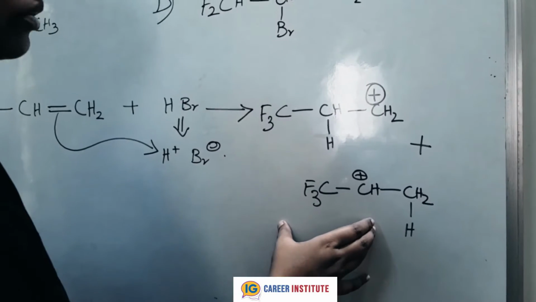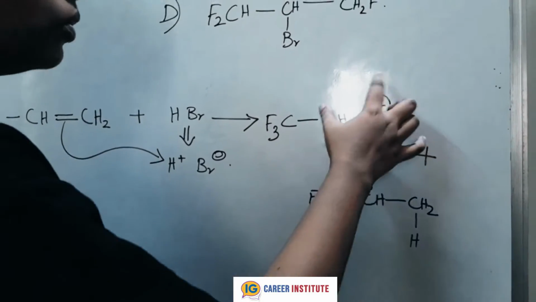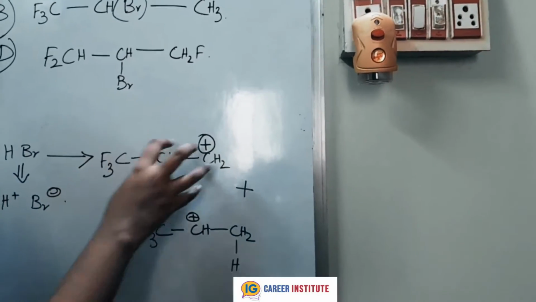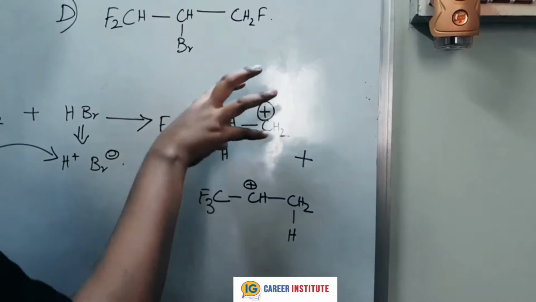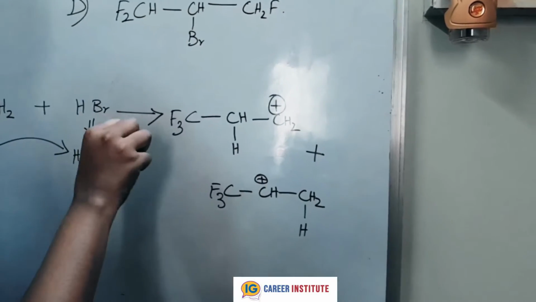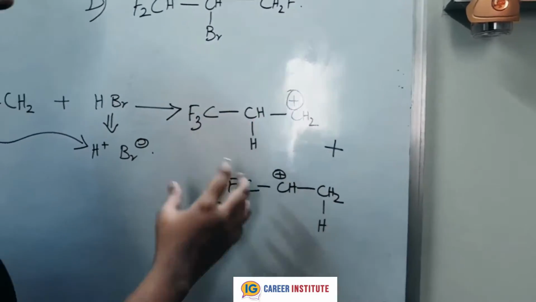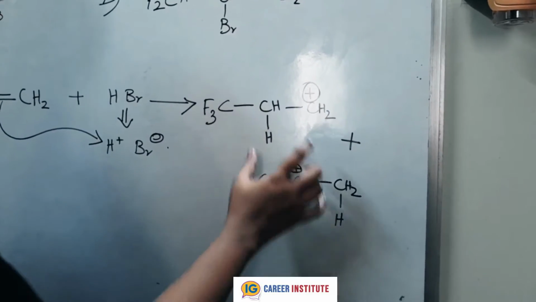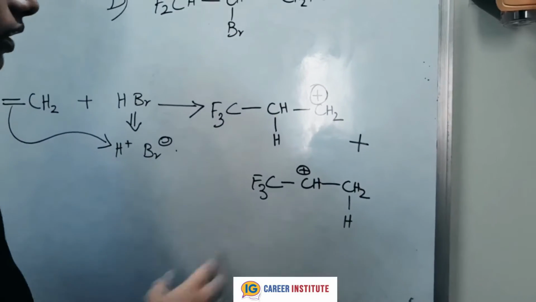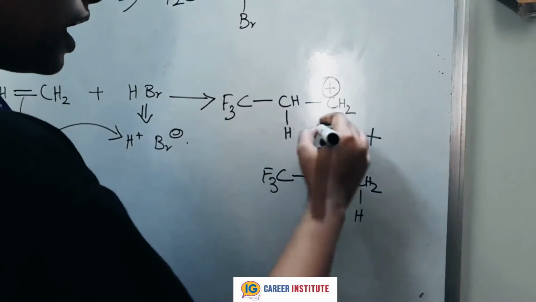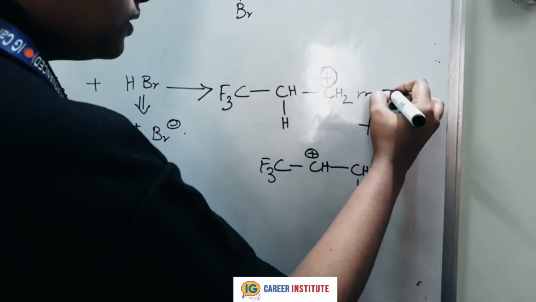As compared to this compound, this has no such effect, since the CF3 is quite far away from the carbocation center. So here the electronegative pull or the electron withdrawing effect will not be as we have observed in the previous case. So this will be quite more stable as compared to this. So basically the more stable carbocation is this one.